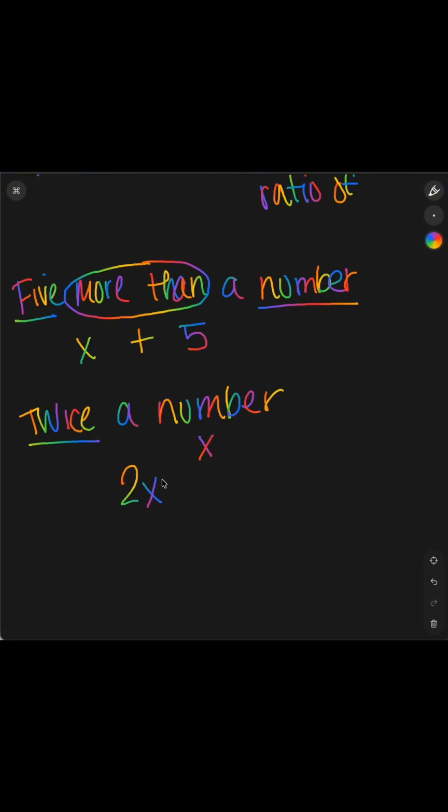So 2x, and that means multiply. You do not need to write 2 times x. We do not use an x for multiplication anymore. We use a dot or parentheses, but with a coefficient and a variable, you just write it like that.